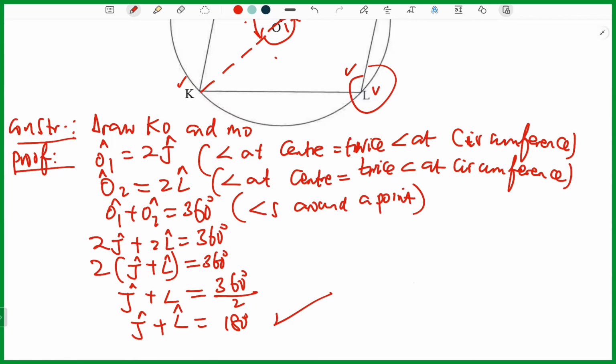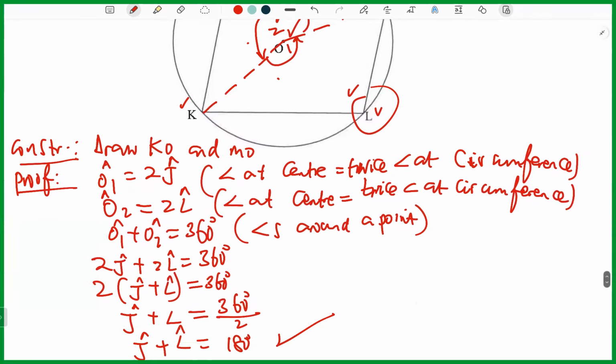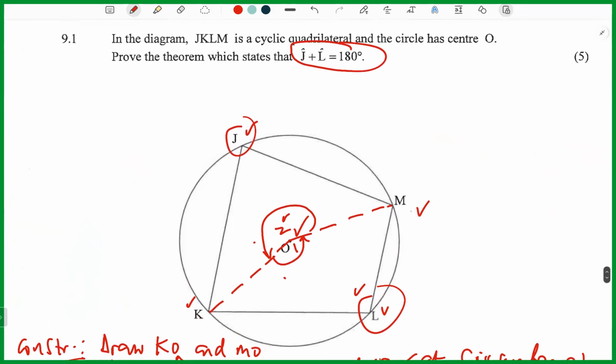All right, we continue with the next question. All right, so J plus L is 180 degrees.